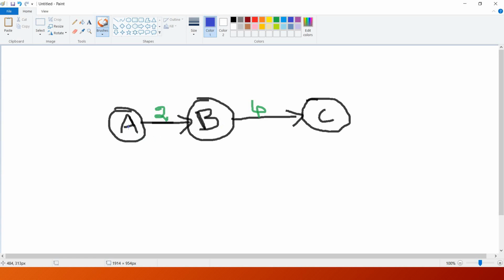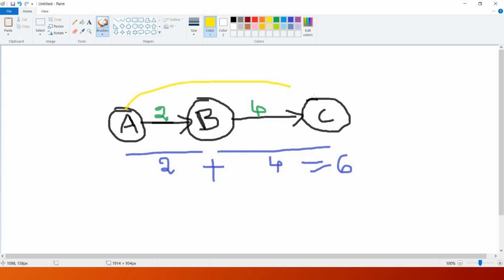Okay. So what is the total cost? Traversing from A to B will take a cost of 2. Traversing from B to C will take a cost of 4. So the total cost is 6. So by means of some intermediate node B, I am able to traverse from A to C. So what happens if there is an edge from A to C directly? Suppose there is an edge. Let us assume there is an edge from A to C directly, which is a directed edge, and let us assume the cost is 10.